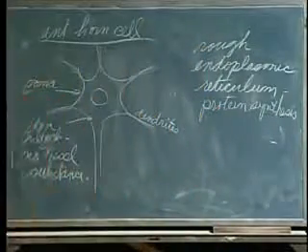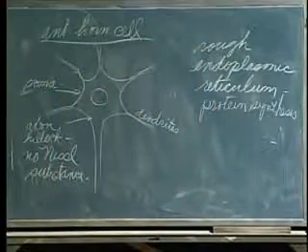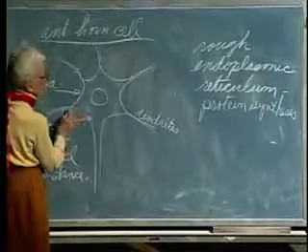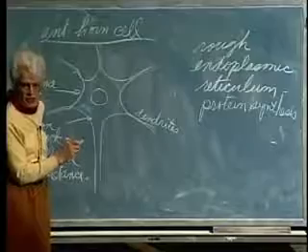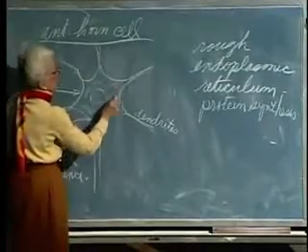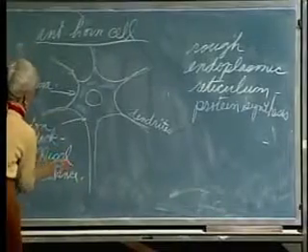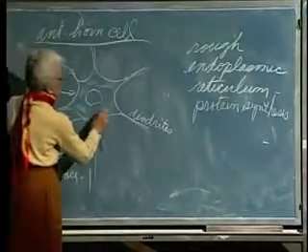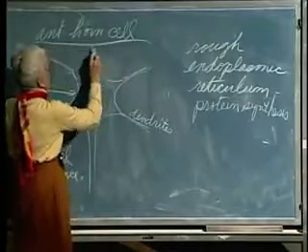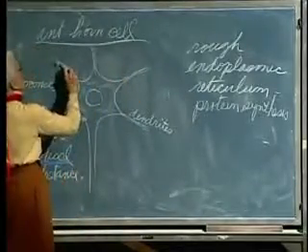So if we have, can you see that color? Can you or not? It's okay. So you have Nissl substance throughout the cytoplasm of your dendrites and your soma, so you know where they are.